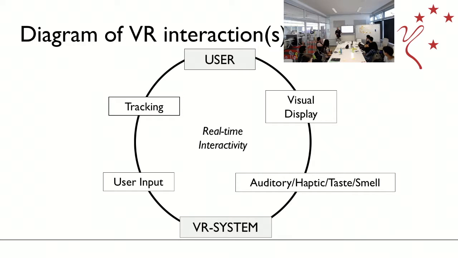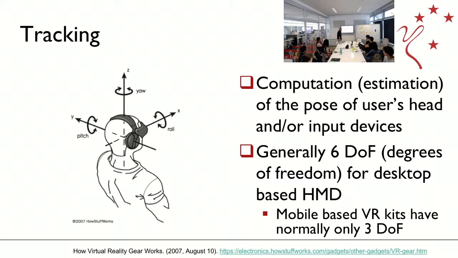So you can have touch displays, and you can have audio displays, okay? So this is what we're talking about in real-time interactivity: the user does something, it's sensed by the system, it makes some change in the virtual environment, and then there's some stuff that's sent back to the user in terms of updates of the state of the system.